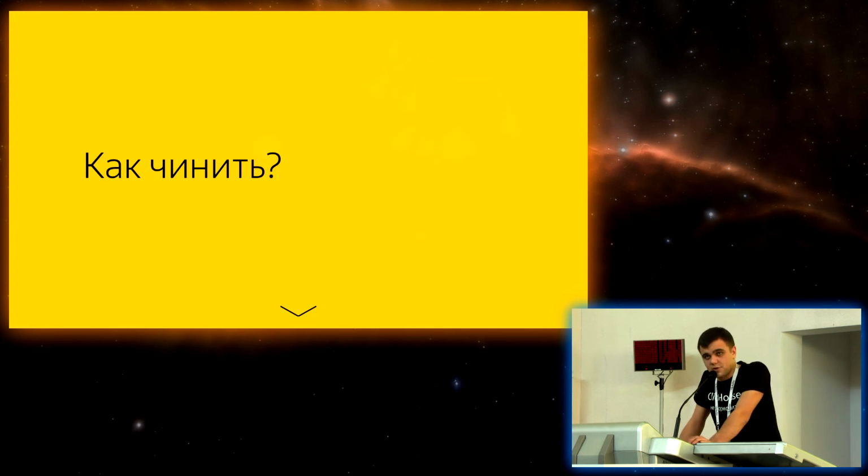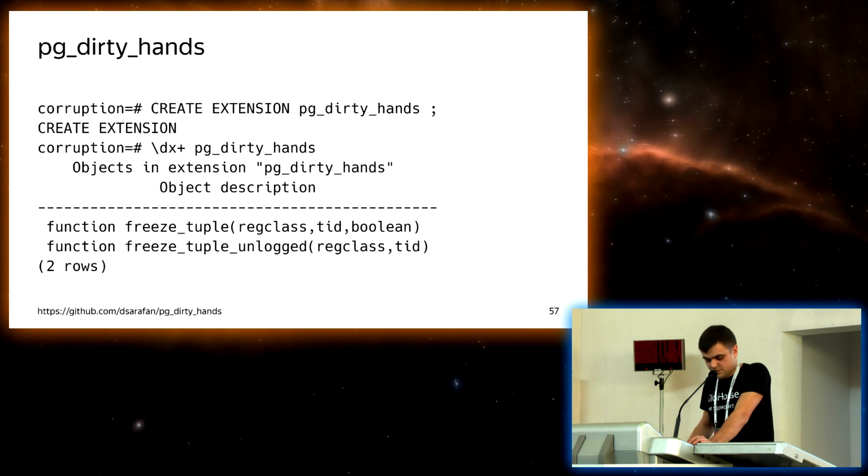Okay, so we understood what happened, and what about how to fix that and what to do about it? We didn't come up with anything better than to write C functions that would freeze these rows and wrap them into an extension, and we call this extension pg_dirty_hands, because I believe that it is bad to do so.